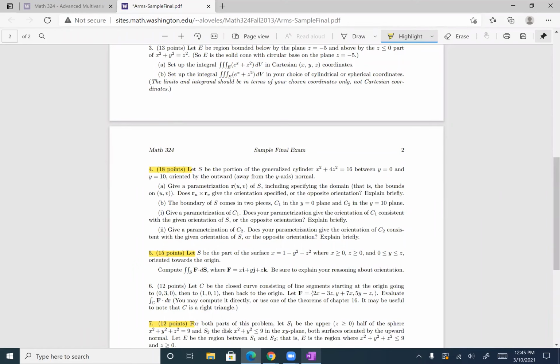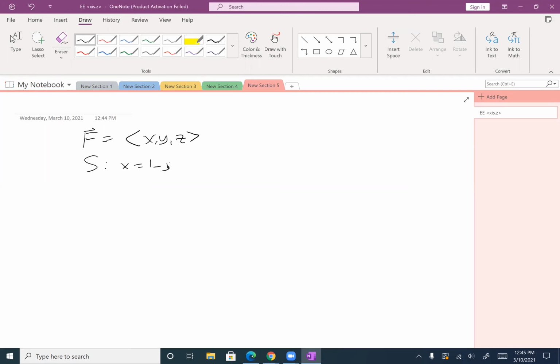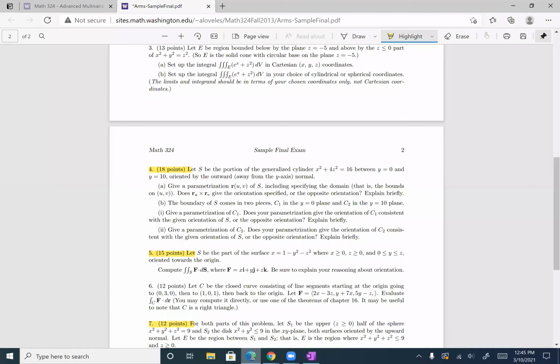It's x equals 1 minus y squared minus z squared, and we're supposing that x is greater than 0, z is greater than 0, and 0 is less than y is less than z.